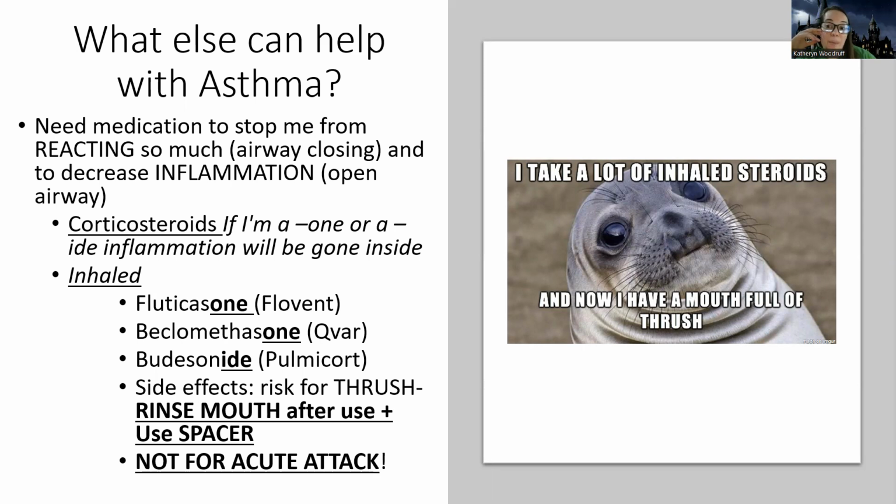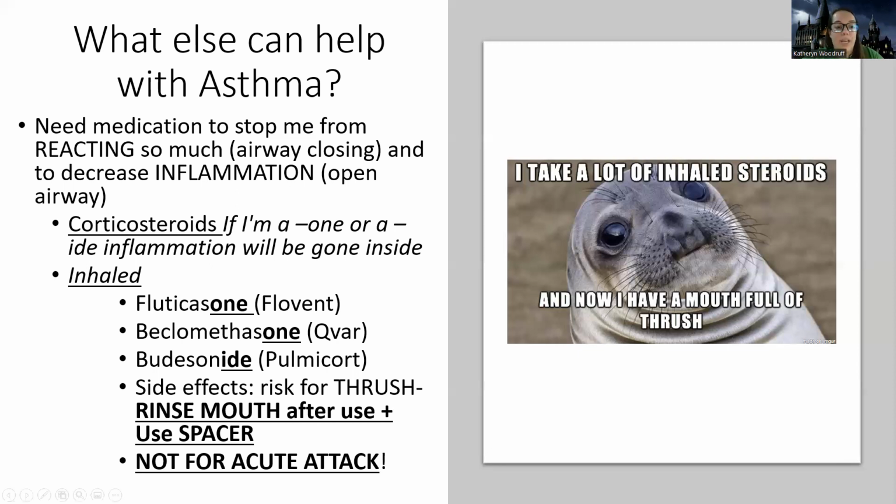So it takes time. We do consider that this is not one for an acute attack, even though you might see a patient get it, because it takes some time to build up. So we start to give it so it can start working. In general, the theme with steroids is it takes a little bit of time. So steroids are never going to be your first choice. If you had to choose between albuterol and steroids for rescuing, it's always going to be albuterol first.